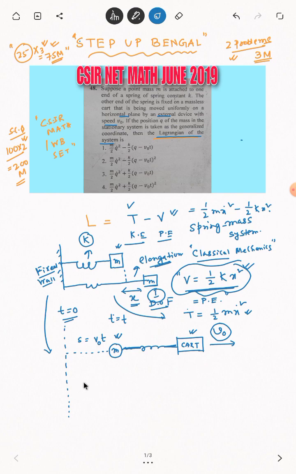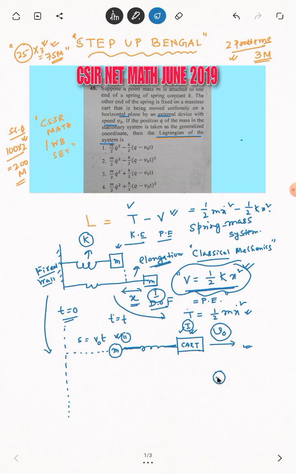Now what they have given is the position q of the mass in the stationary system. The cart and the mass together form the system. When they move, we see the movement of this cart in this direction, and with it the mass is also moving. So ultimately the mass finally comes to this point.